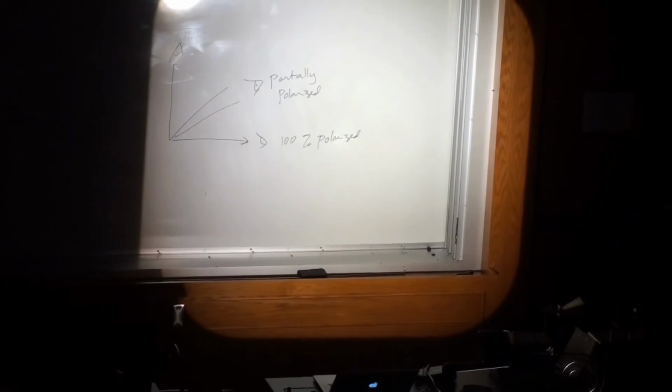So these two are linearly polarized filters. Basically, pieces of film. They have gratings in them that cause them to polarize. So if I put one of those filters on there, you can immediately see that the intensity has gone down.